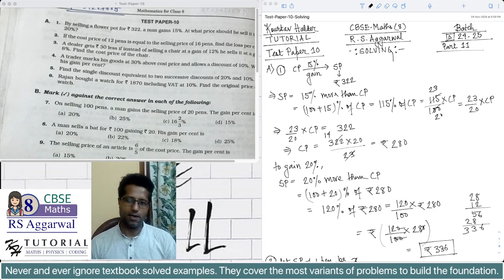So this brings to an end in the discussion of the chapter profit and loss. I will start the next chapter. I don't know what the next chapter is, but I will also start parallelly preparing and solving 10 good problems on this chapter profit and loss, which will be uploaded in the other playlist, that is Maths 8 HOT.